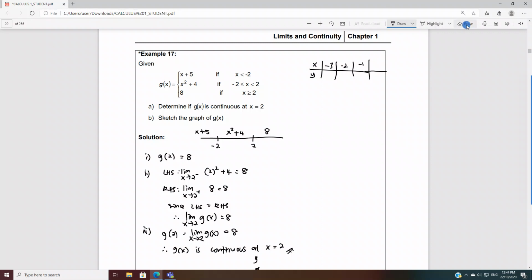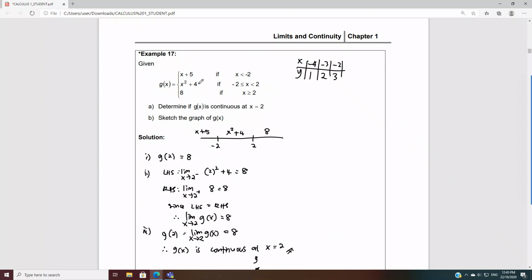Sebab yang ni kan nak lukis graf, kan masukkan nilai X. So sini dia X dia kurang daripada negatif 2. So maknanya you all nak start negatif 4, negatif 3, negatif 2. Okay, so try ganti negatif 4 dalam ni dapat 1, 2, 3. Kan?